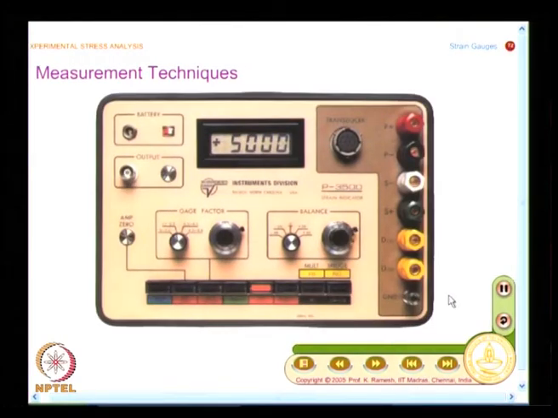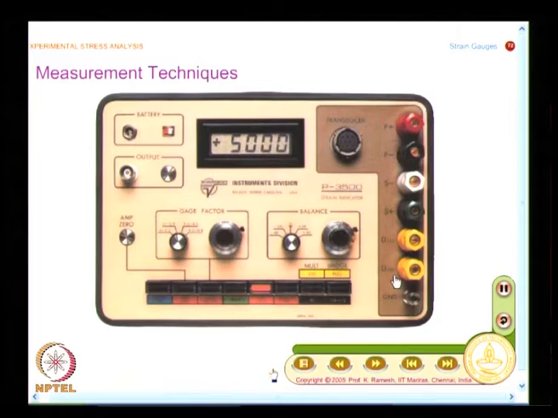Now, we go and look at what are the measurement techniques. I am showing a typical strain gauge meter, and I would like you to draw your attention to a few finer aspects. First issue is, if you look very carefully, this is for 120 ohms and this is for 350 ohms. It may not be clear on the screen, but there are provisions available for selecting internal resistors of 120 ohms or 350 ohms.